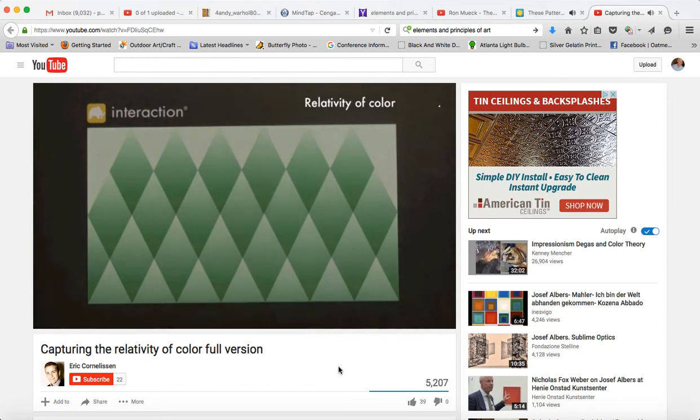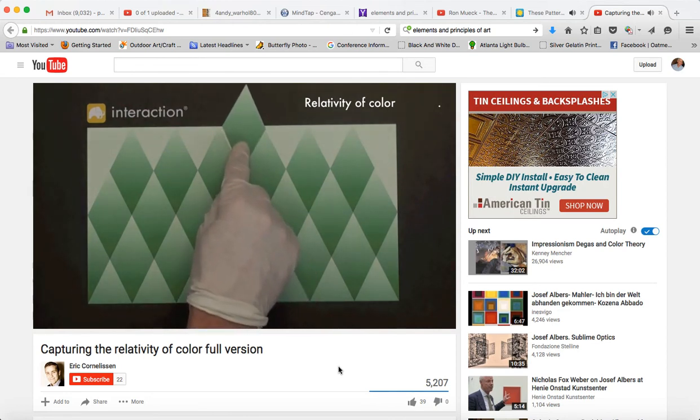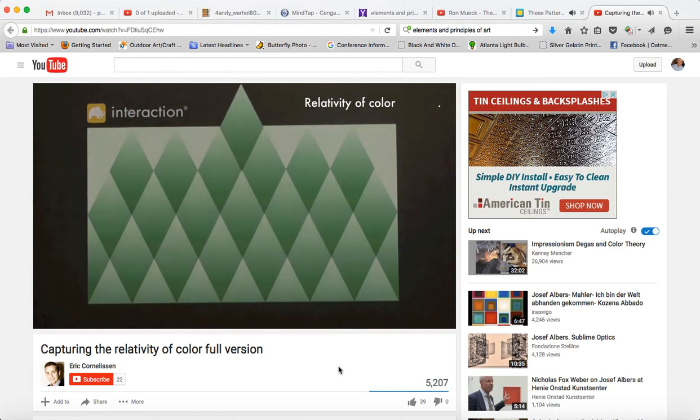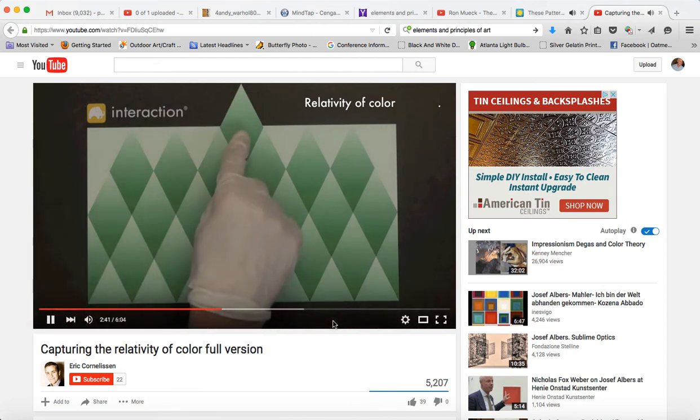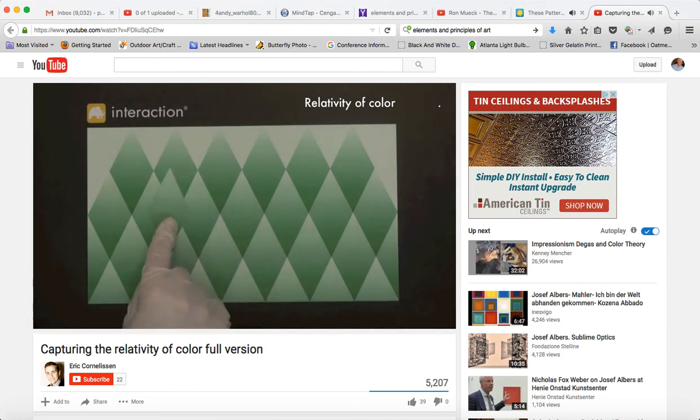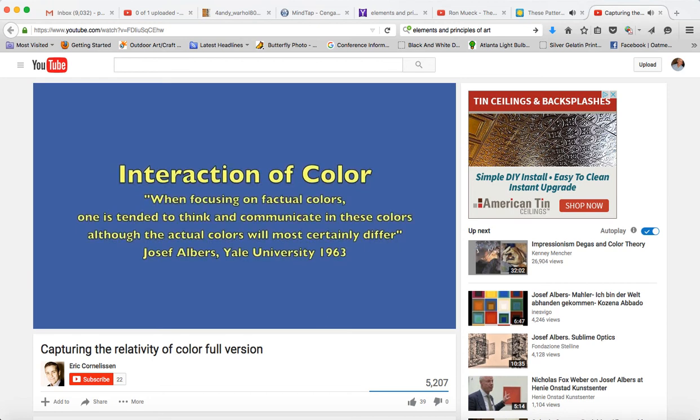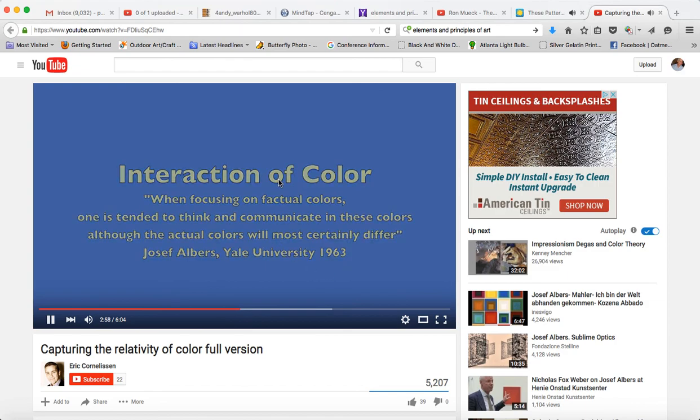But in fact, fluorescent light indoors is very different from natural light outdoors. So this is an abstract but very real example of how our brains adjust to the relativity of our surroundings. The color appears to change when he moves it around, but it's because it is surrounded by other colors that make us see it in a different way.